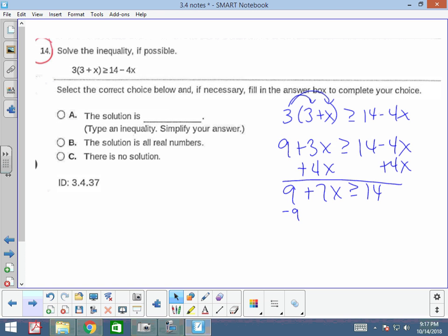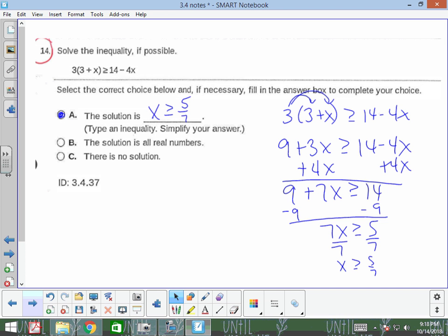And then subtract 9. So 7x is greater than or equal to 5. And so this is going to be a fraction. Haven't had a lot of those. So the solution is, we're going to click on A, x is greater than or equal to 5/7.